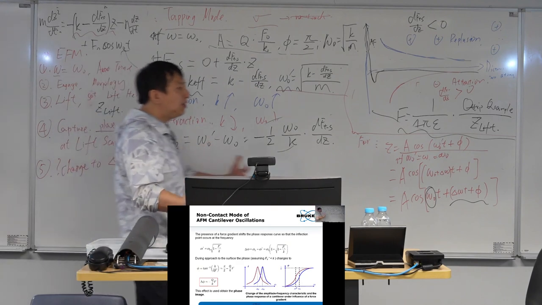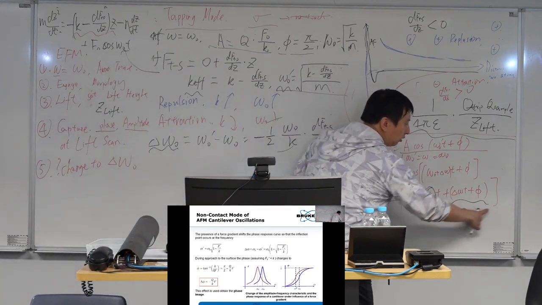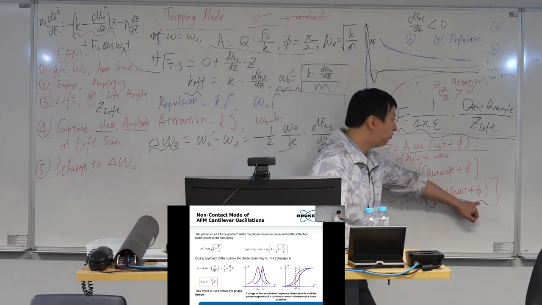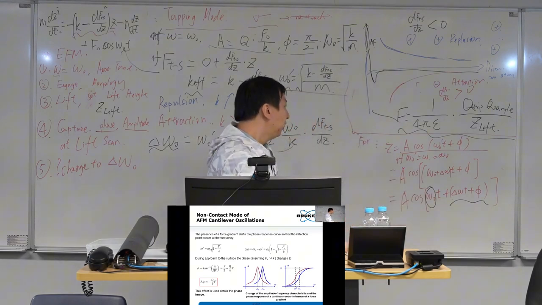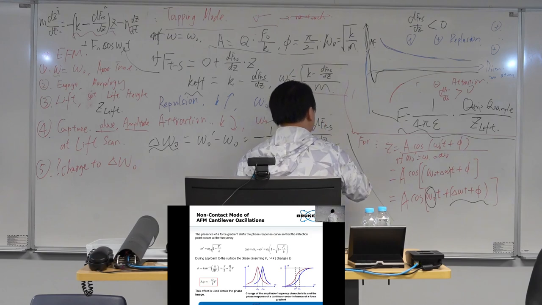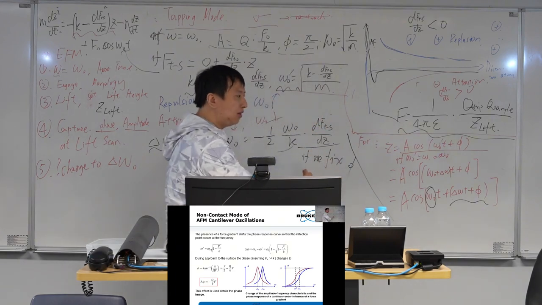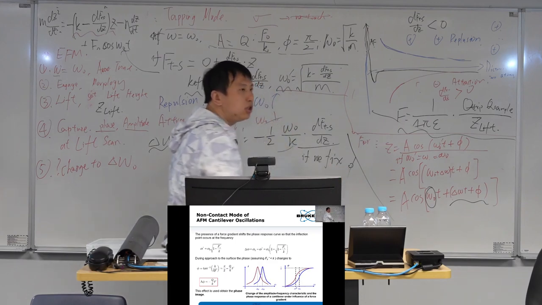Okay? We have another way to think about this. If we know this kind of relationship, the phase shift is due to the delta omega. If we fix the phase, we make the phase a constant. How can we achieve that?